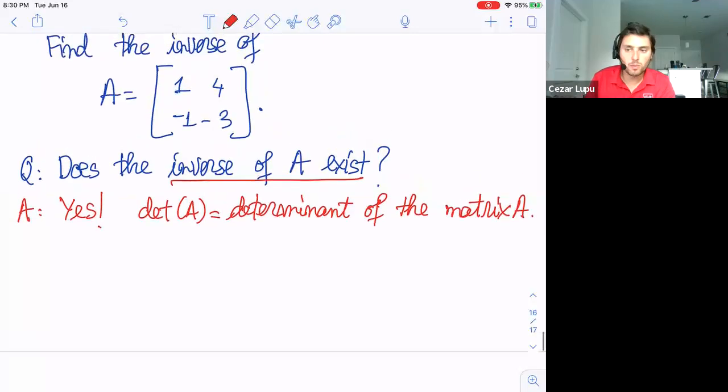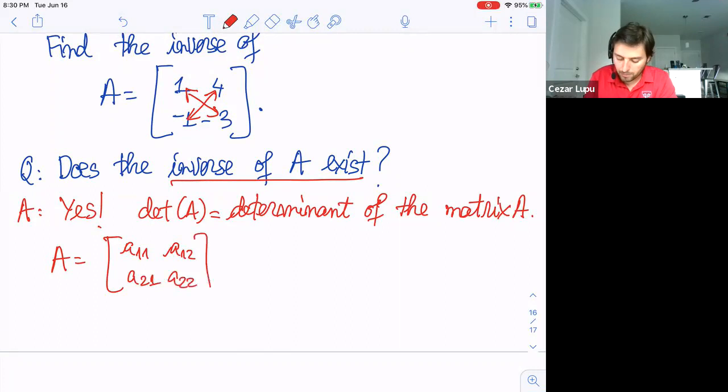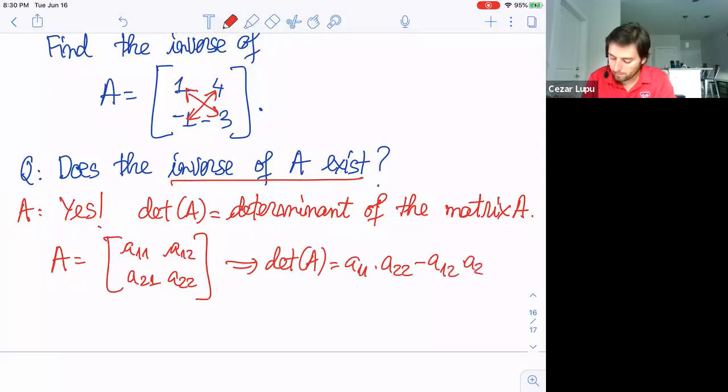The determinant of the matrix A will be computed in the following way. This is the main diagonal. You're going to multiply the elements from the main diagonal, and you're going to subtract the product of the elements from the secondary diagonal. So in general, if I have A11, A12, A21, A22, it follows that the determinant of A is A11 A22 minus A12 times A21.